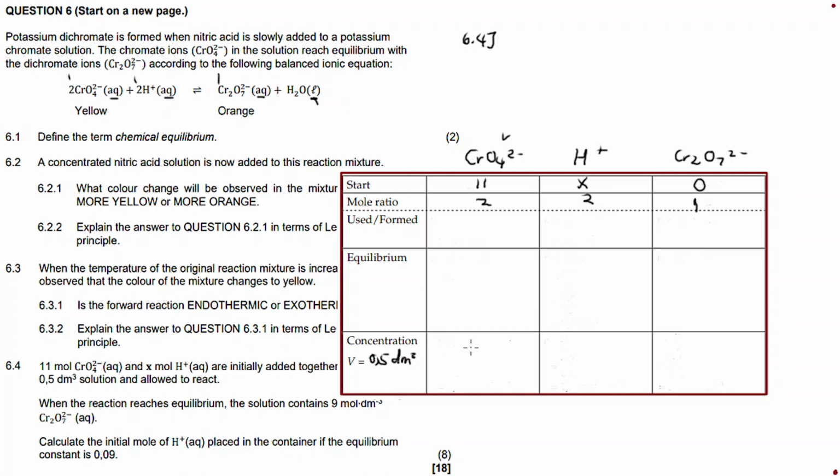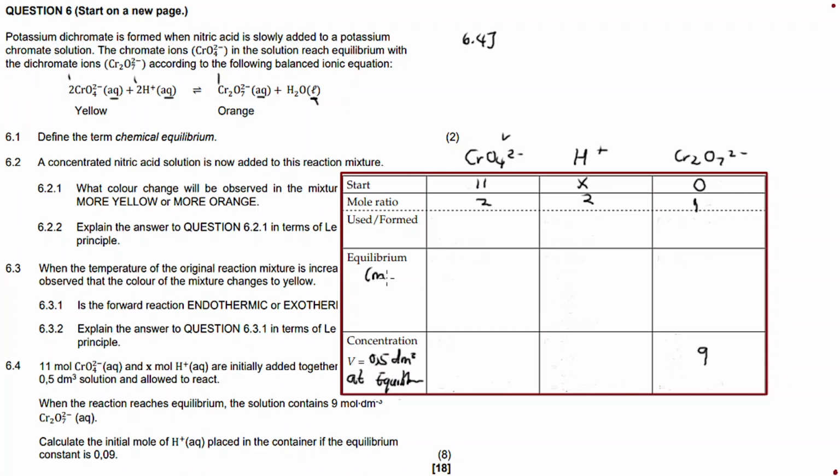So okay, concentration, this is at equilibrium. Concentration at equilibrium. How much do we have now? 1, 2, 3. Okay, so we have 9. That's our concentration.